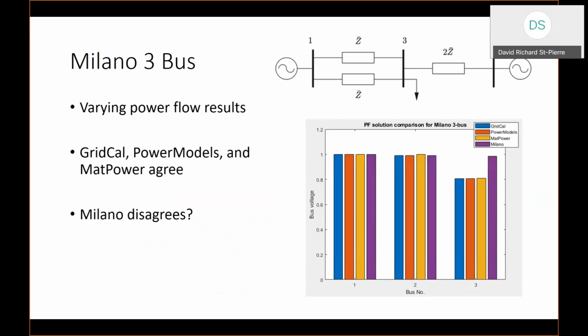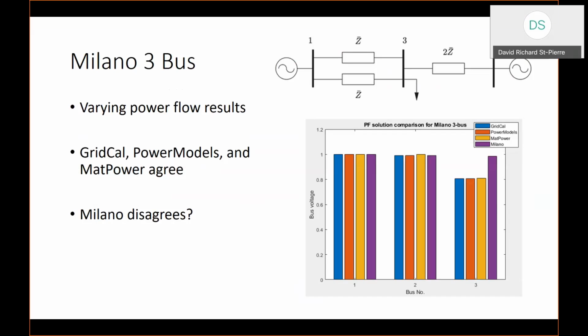Now the next system I wanted to talk about was the Milano 3 bus, because this gave me some difficulties. I was unable to achieve the same solution as the Milano book was able to. However, I was able to get a solution that I verified using 3 different power flow solvers. So to explain, I used GridCal, PowerModels, and MatPower to try to solve the power flow problem for the Milano 3 bus.